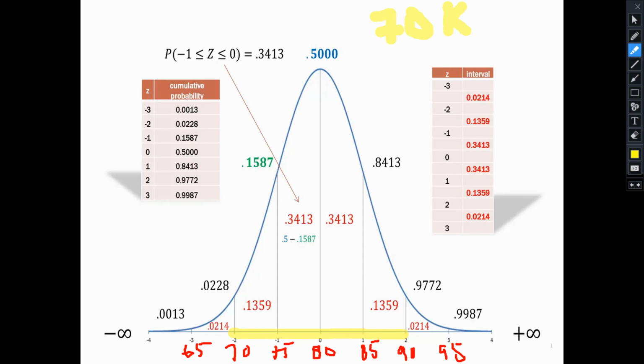We can simply multiply the percentage under the curve with 70,000. For 2 standard deviations the percentage is 95%, so 95% of 70,000 will give us the total number of students. That is how a standard normal distribution curve is used. It makes life very easy for us.